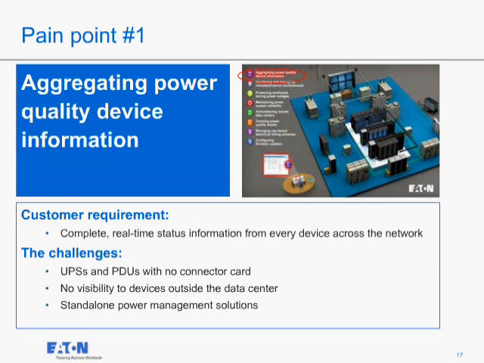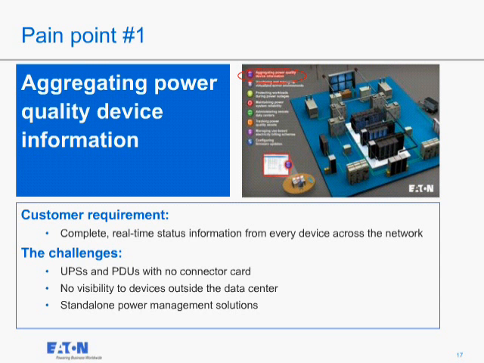So pain point number one, which we've identified and wanted to address here today. What are we seeing as customer requirements out there? Complete real-time status information from every device across the network, whether that is power quality equipment like UPSs, power distribution equipment, gensets, anything that might be involved with your data center power infrastructure.